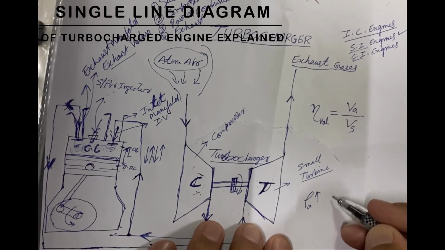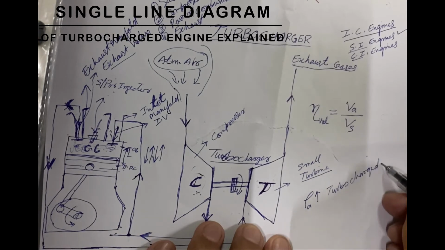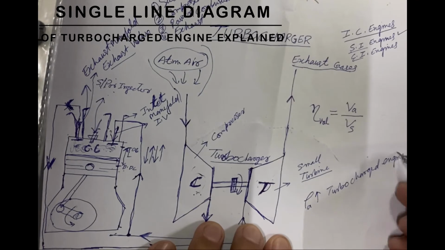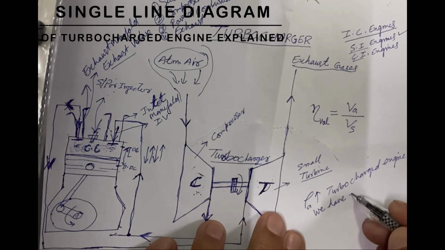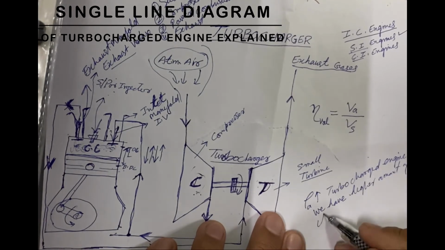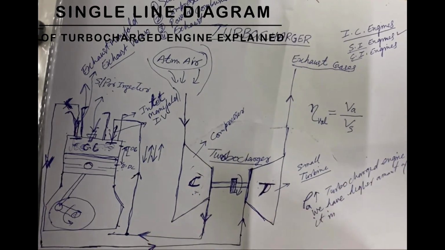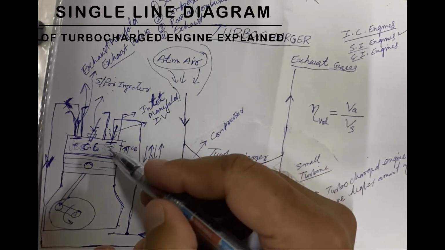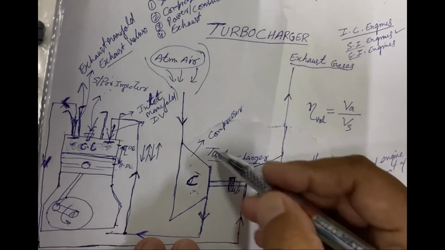Means in case of a turbocharged engine, we have a higher amount of O2 in it, because as the density of the air increases, obviously the oxygen content in the air also gets increased. So we get higher oxygen in the combustion chamber, which is required for the combustion. This is the function of the compressor.